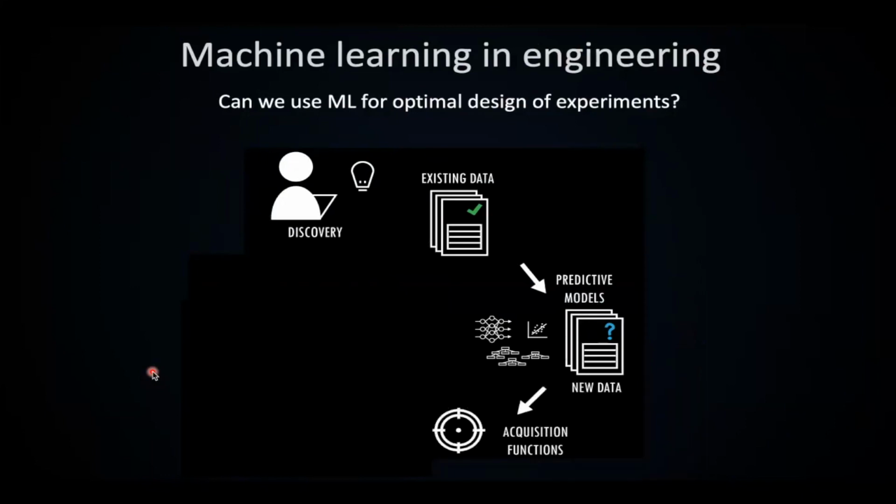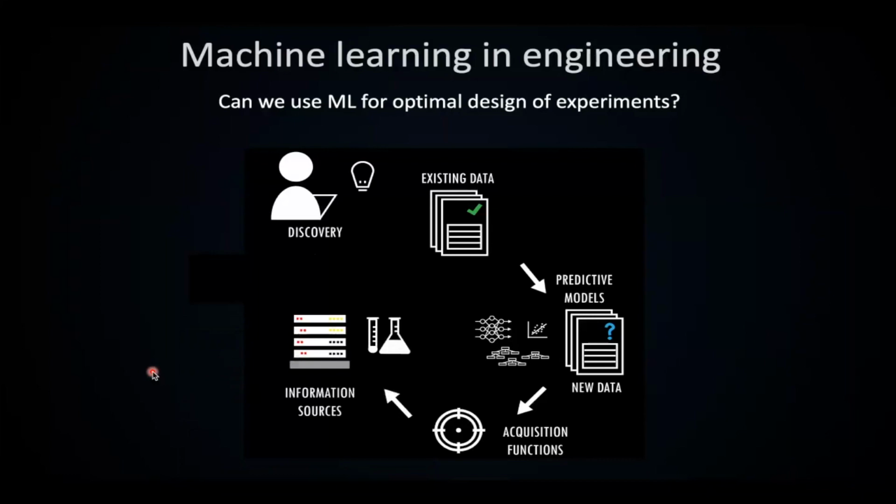Then you use this predictive model, this artificial intelligence, to think ahead and try to predict what will happen if you run all of the possible experiments that you could run next. These artificial neural networks are very fast to compute, so they can explore thousands of possibilities in a microsecond. And they can rank them for you. They can tell you what experiment you'd be best at running next.